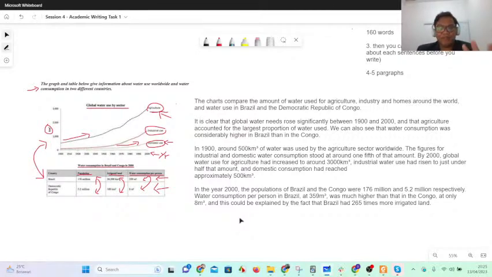Here I've written just 4 paragraphs, and I'm going to show you what each paragraph contains and how we can use the rubric that we talked about in the beginning and try to grade it ourselves live. So the first paragraph, as you can see, is the introduction. For anyone new, please do not forget that you do not write your own introduction. All you need to do is paraphrase this part.